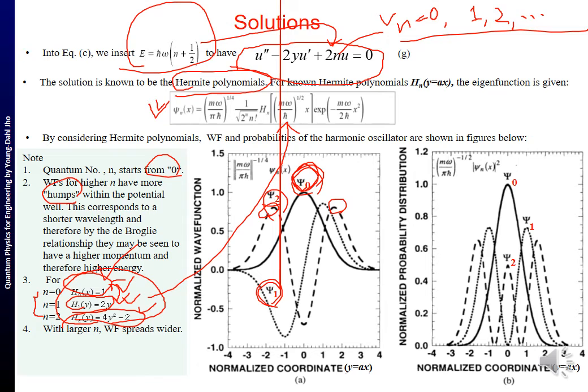If we take the square of the wave function, that's the probability to find the particle at a certain position. Then we have this structure going up and going down for psi 1, going up, going down, going up, going down, and psi 2 as the dashed line, changing more rapidly. This means psi 2 has the smallest wavelength among them.